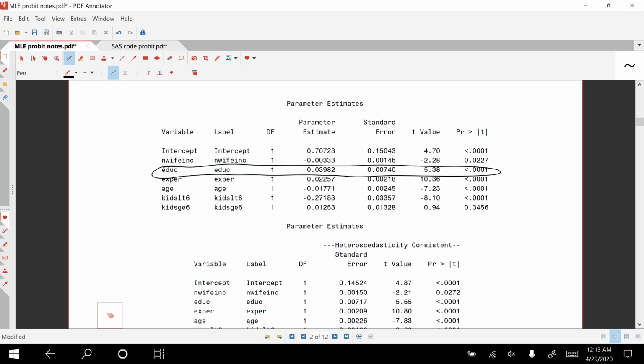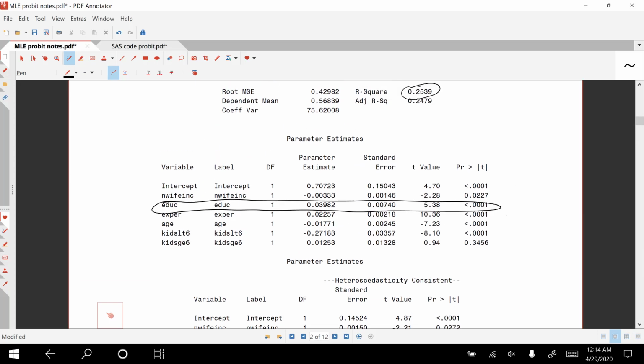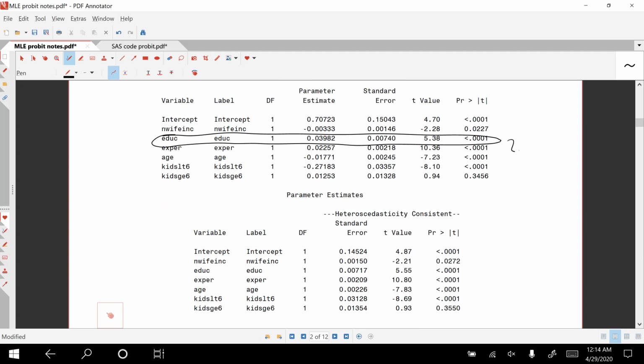But remember, y can only take a value of 0 and 1. So it's easier to think again in terms of the expected value of y conditional on xi being equal to the probability that yi is equal to 1 conditional on x. So using that idea, this is the way to interpret this coefficient.